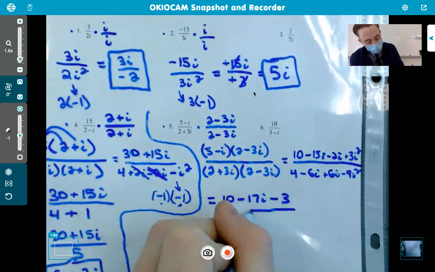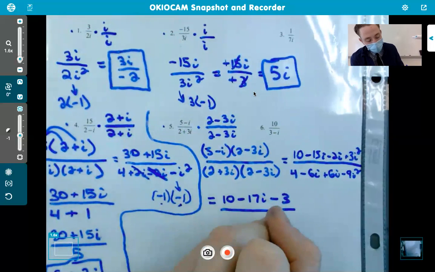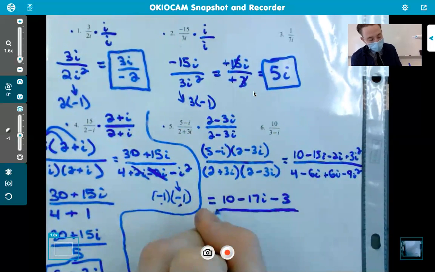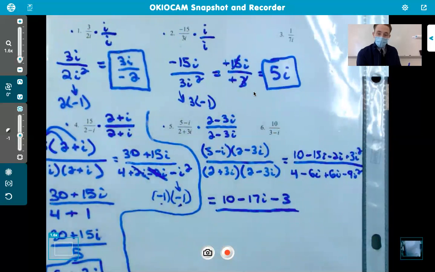Somebody from home, help me out with my denominator. How would the denominator simplify? Somebody from home, any ideas? My denominator, how's that going to simplify there?